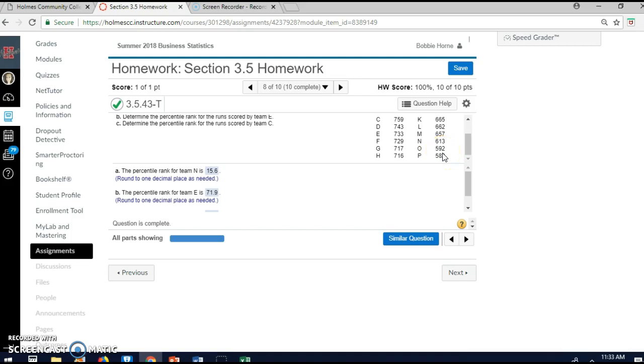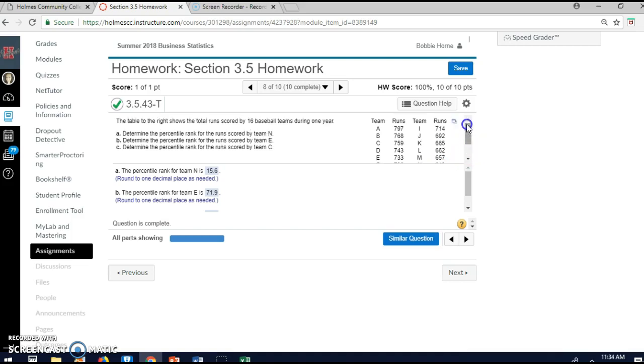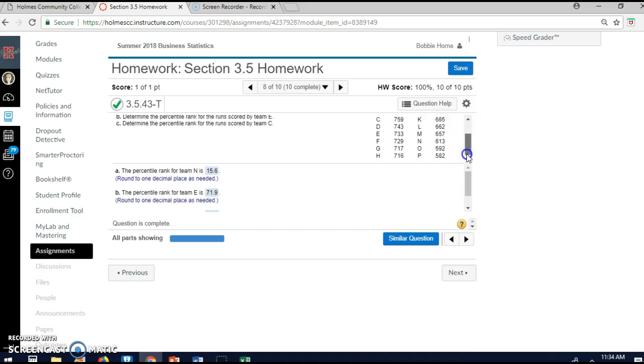Add 0.5 to that, that would be 2.5, and then divided by all your values, which is 16 here. And that's how you get 15.6. Because you get 0.15625. Well, if you move the decimal 2 places or times it by 100, you would get 15.625, and you round that to 15.6.